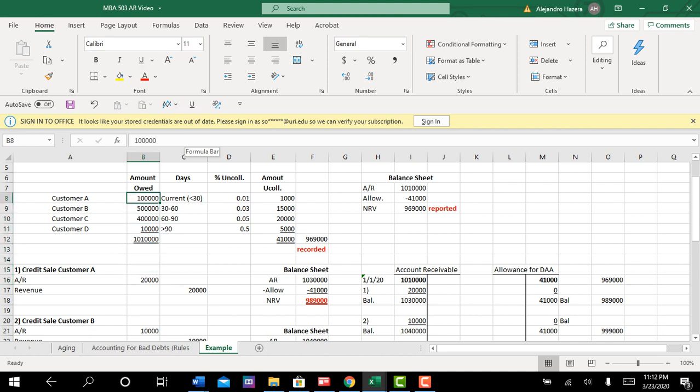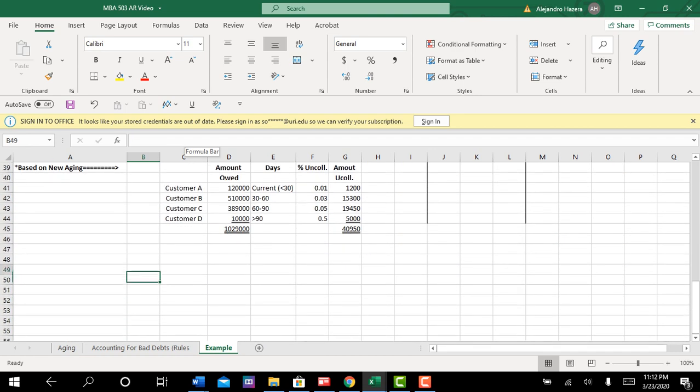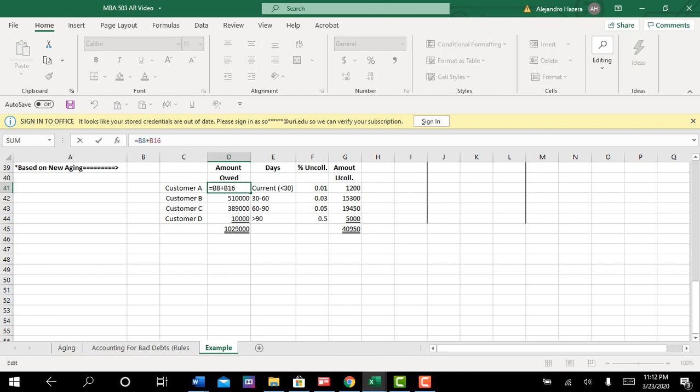So this is cell B8, that's cell B16. So customer A now owes us, there it is, B8 plus B16. Customer A now owes us $120,000. So that will increase, the 1% stays the same, that'll increase my estimate of the future amount that's uncollectible.